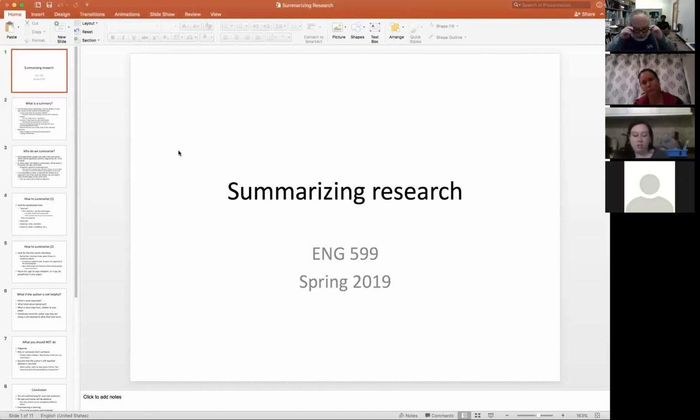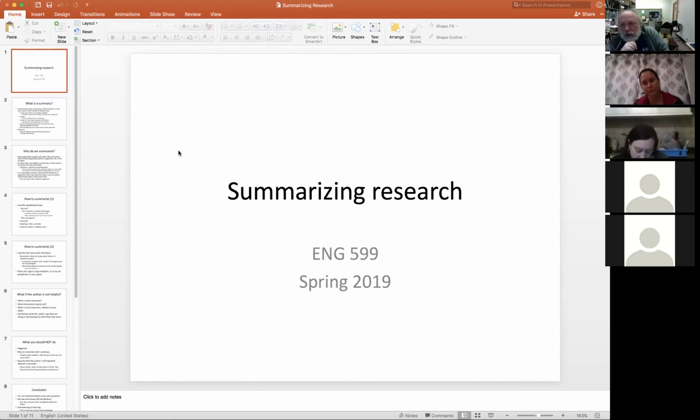So today we're talking about the process of summarizing research, which is obviously crucial to what we're doing right now, because of the next big assignment, which is due, I think, next week or so, maybe this week, I forget.